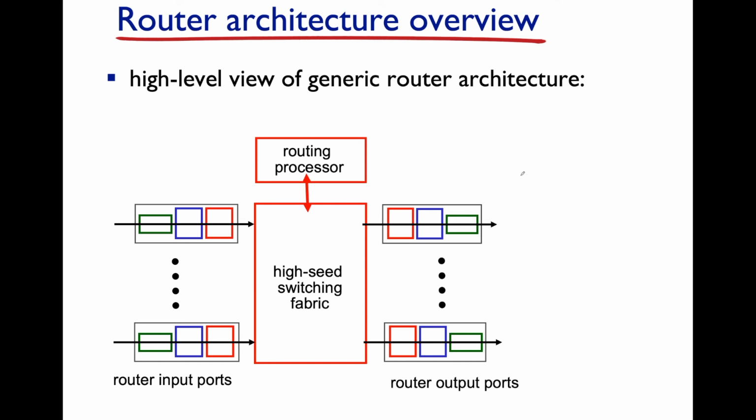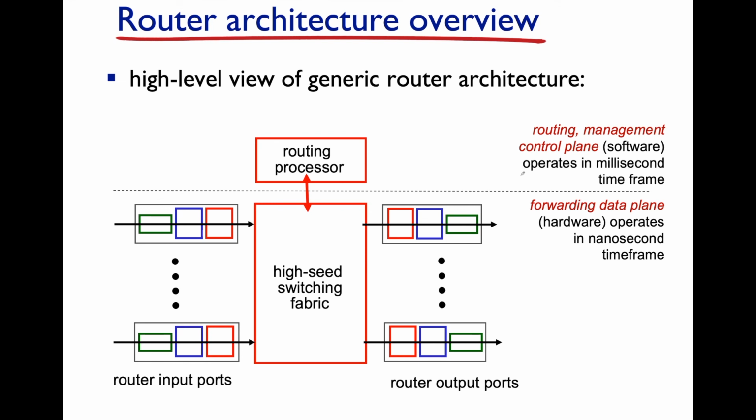You also have a so-called routing processor, a chip running processes like you'd have in a typical host or machine, and it's going to run algorithms or these control agents. If we look at this dichotomy of the control plane versus the forwarding plane, the forwarding plane consists of the input and output ports and this switching fabric.